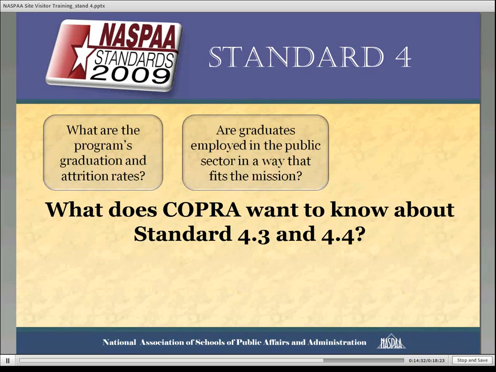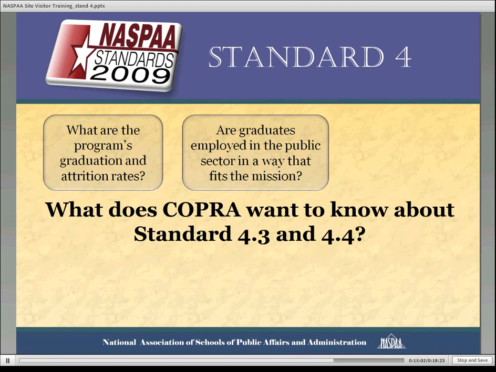Secondly, are graduates employed in the sector, public or nonprofit sector, in a way that is consistent with the program's mission? So the program will be required in its self-study report to document where students do their internships and where they are ultimately employed. And in this instance, we're looking to see that there is consistency between what the program says is its mission.